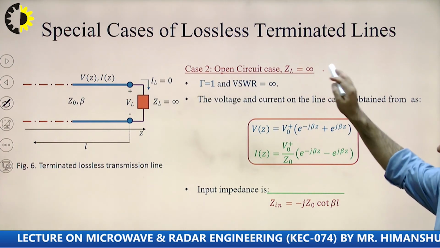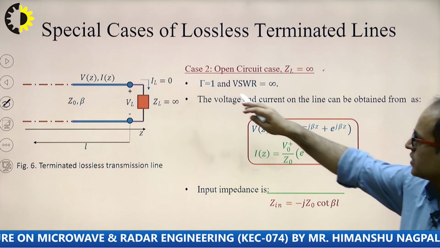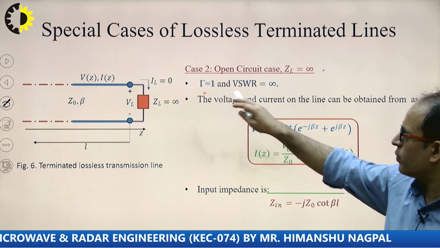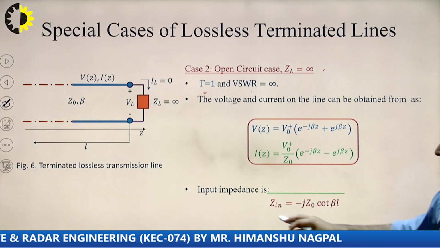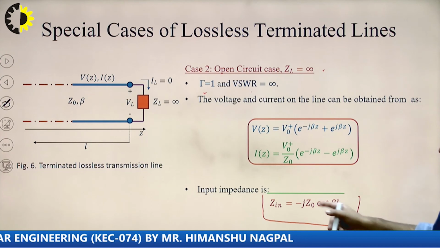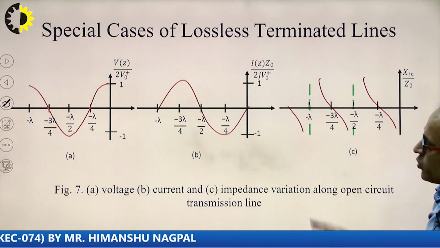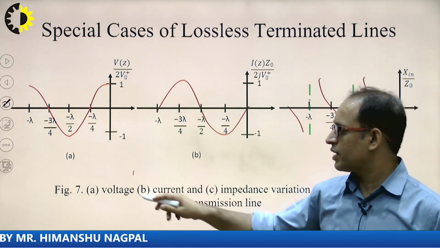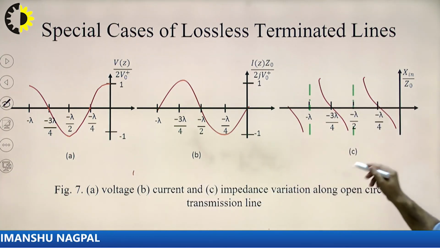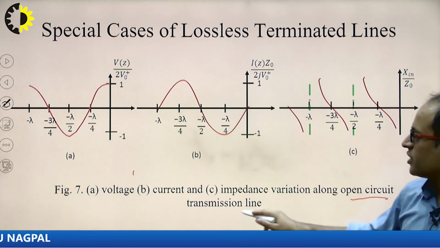Second case, when ZL is equal to infinity. When ZL is infinity, reflection coefficient comes out to be 1, VSWR is infinite, and input impedance comes out to be minus j Z0 cot beta L. This one is the current and voltage along an open circuit transmission line.